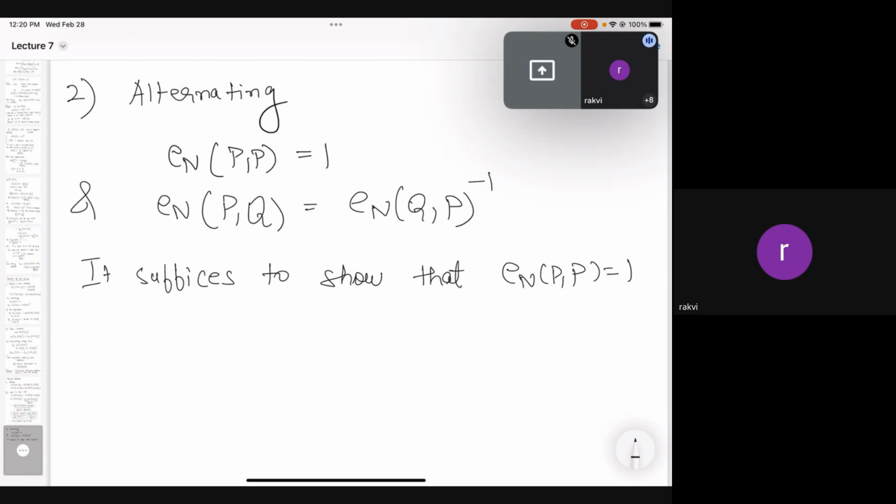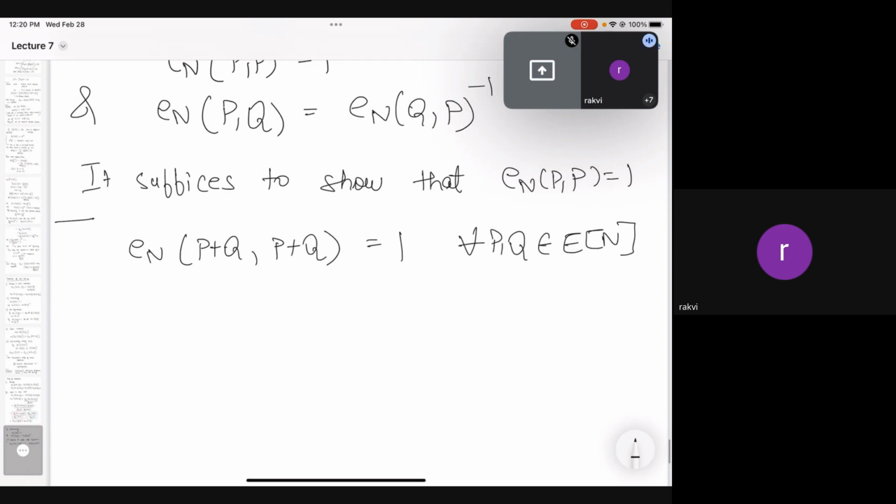So let's see this first. Suppose we manage to show that En of P comma P is equal to 1 for all torsion points. That will tell us that En of P plus Q comma P plus Q is also equal to 1 for all P, Q in the n-torsion.